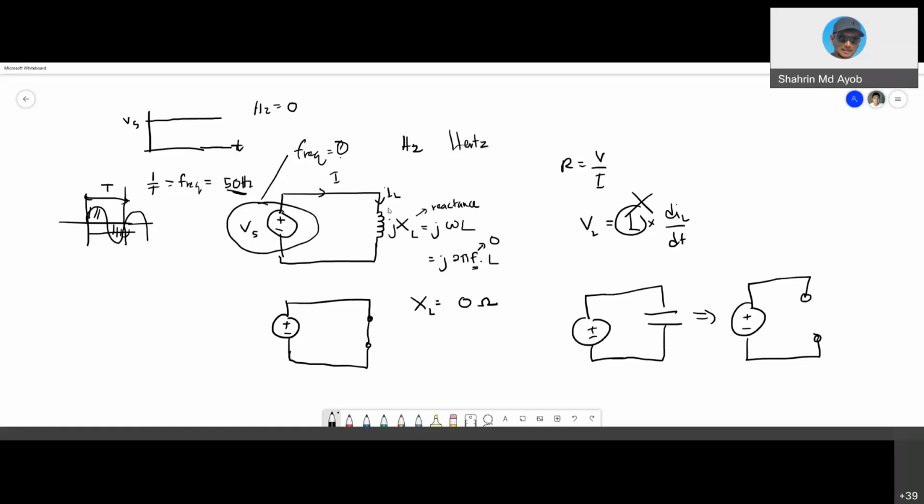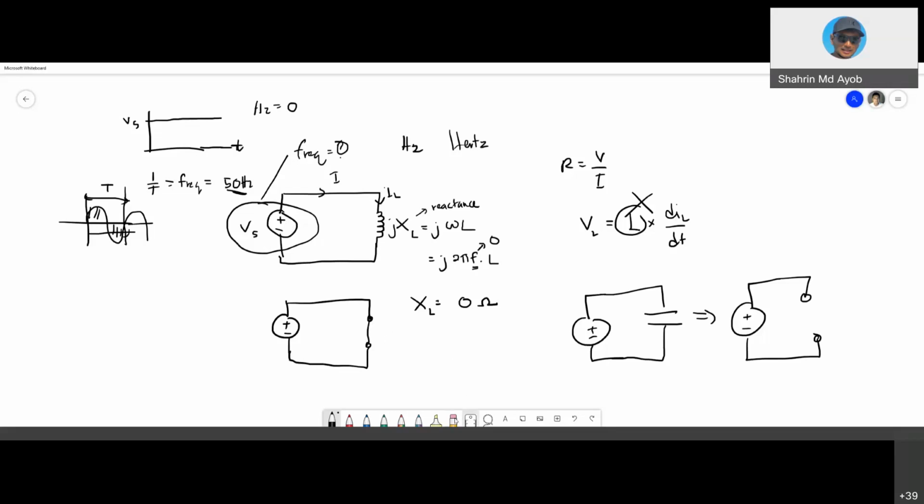For inductor it is just a short circuit, and for the capacitor it is actually an open circuit. Why short circuit? Because the value of the reactance of this inductor depends on the frequency. So if this is a DC source, the frequency is 0. So that's why it's actually a short circuit.